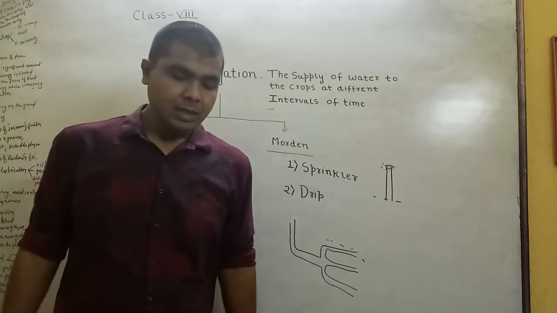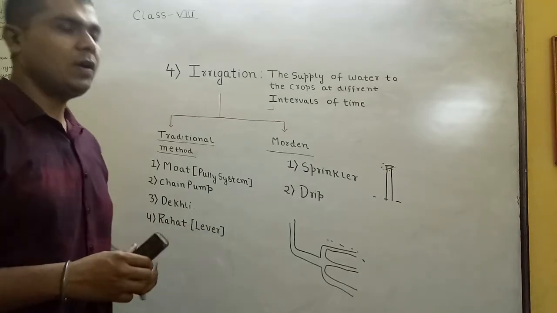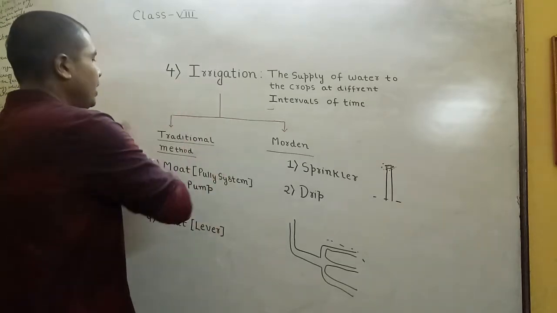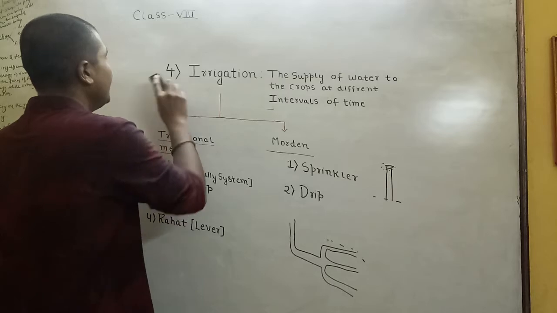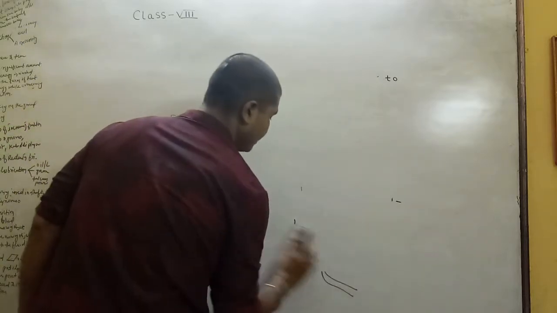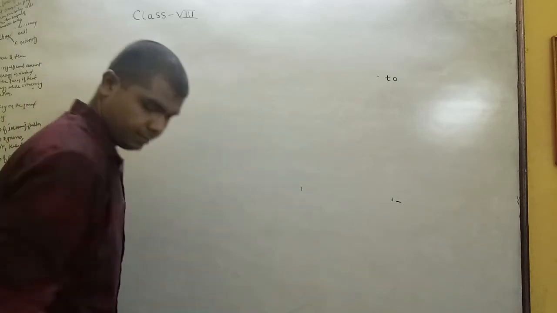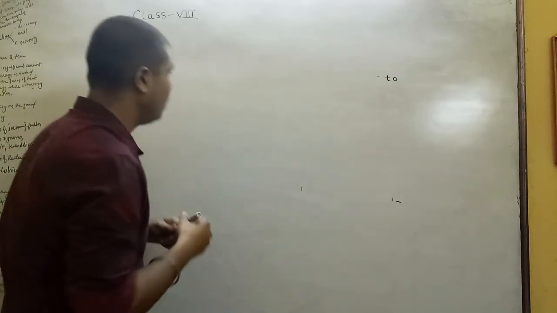Now moving to the fifth step of crop production, and the fifth step of crop production is protection from weeds.